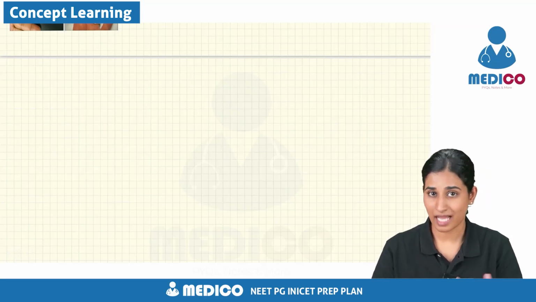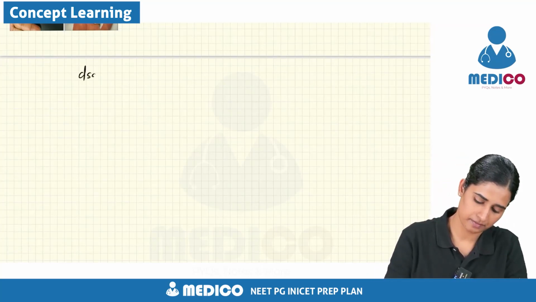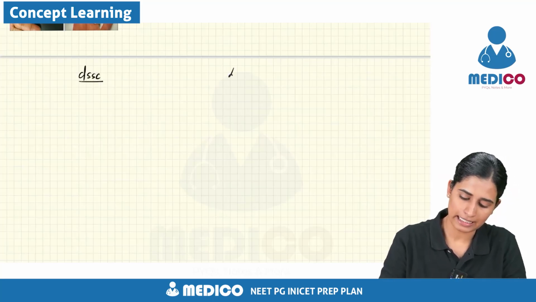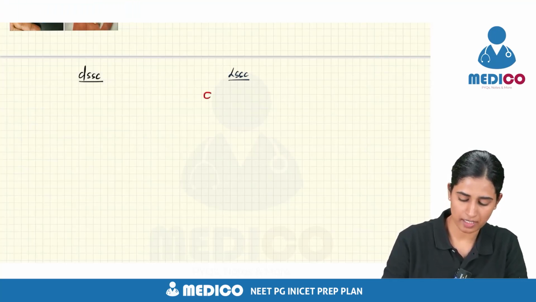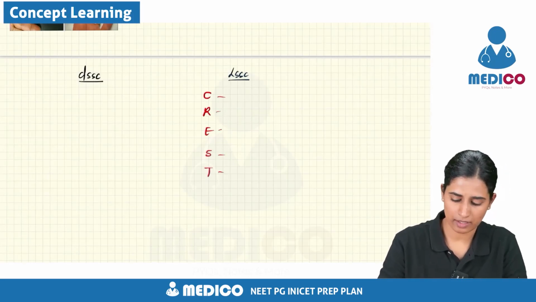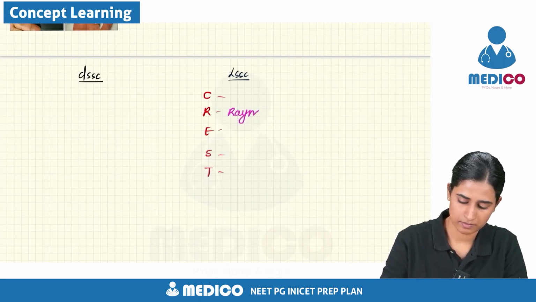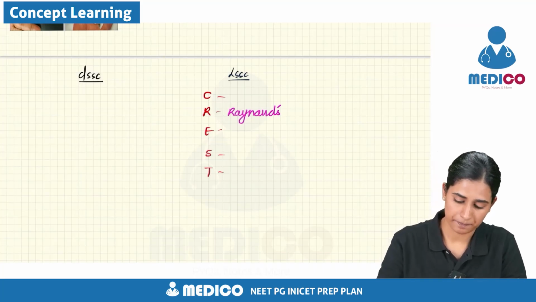Now we want to discuss other manifestations of diffuse and limited. So in limited, the other manifestations are CREST. In this we know Raynaud's; Raynaud's is the first presenting symptom.